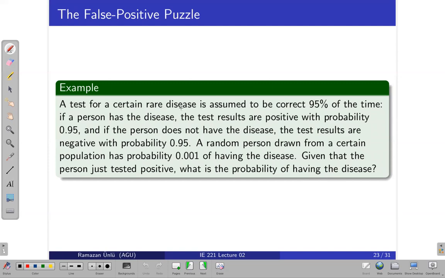A random person drawn from a certain population has probability of 0.001 of having the disease. Given that the person just tested positive, what is the probability of having the disease?